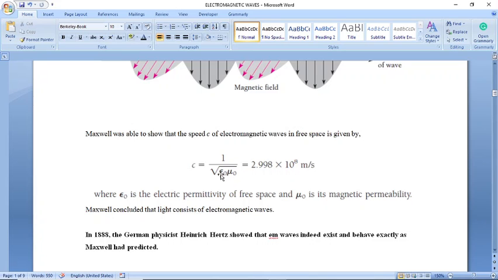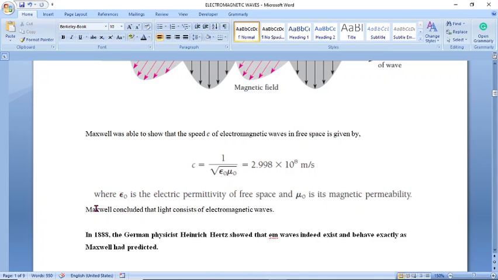Here epsilon 0 is the electric permittivity, mu 0 is the magnetic permeability, and it is the speed of light. And electromagnetic waves also travel in free space as light with the same speed of light.